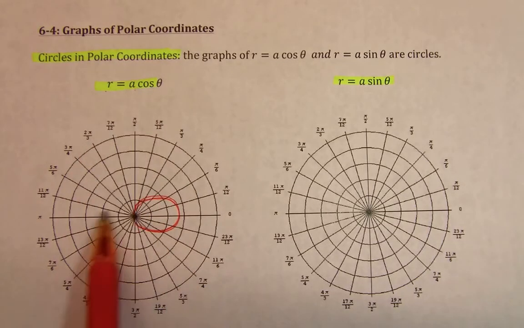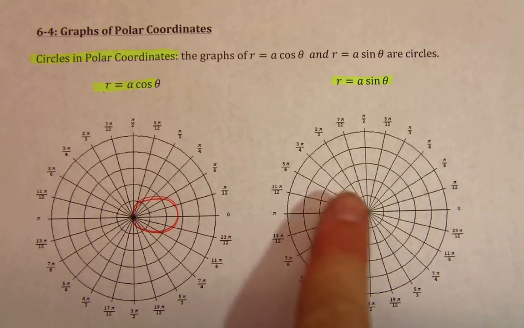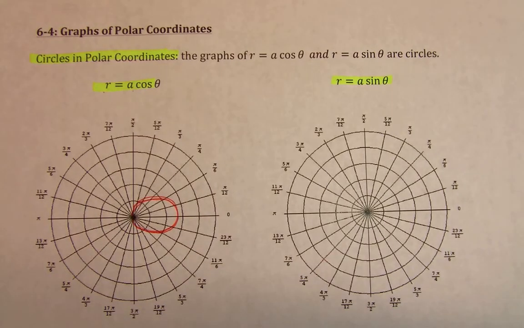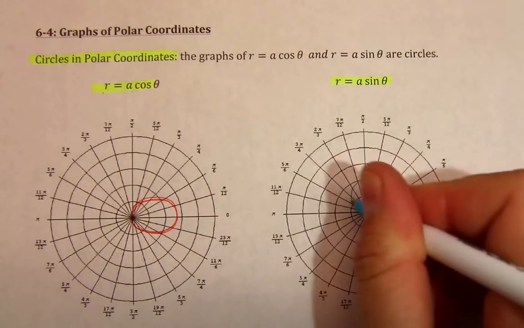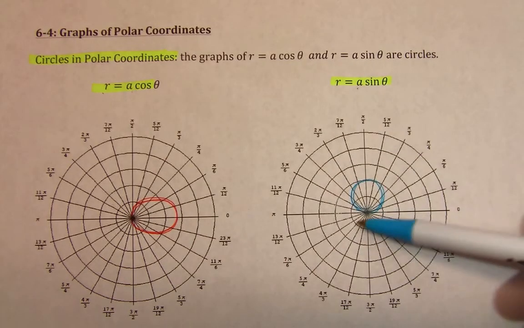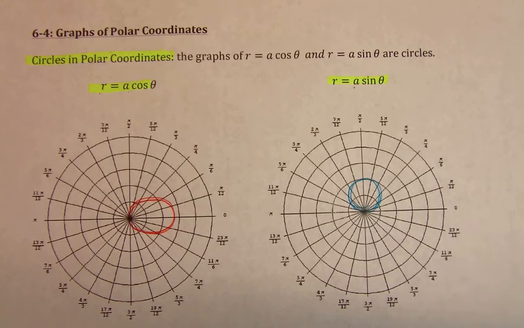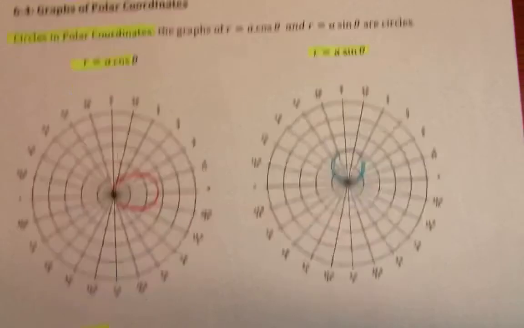If a is negative, it'll be on this side. And if you have r equals a sine theta and a is positive, now we have a circle up here. If a is negative, we have a circle down here. Okay, so keeping that in mind, now let's go ahead and just do one quick example.